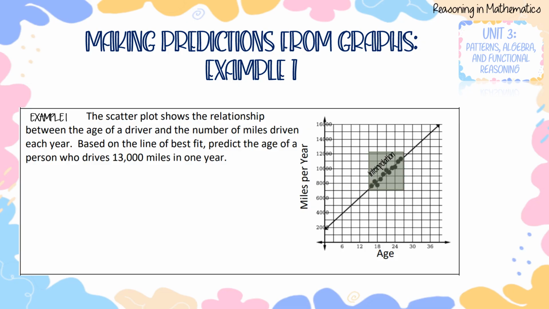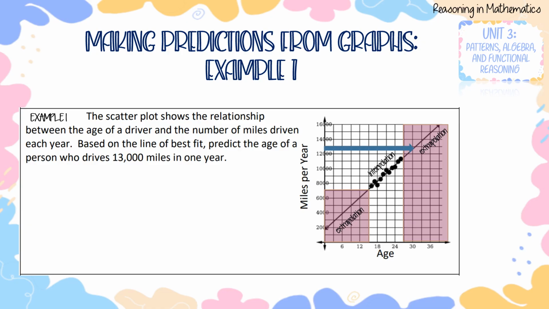So we have to decide if this is interpolation, and that range right there is where the data is. If we are using an X or Y value within that range, then that would be interpolation. Extrapolation is going beyond that. Let's see.